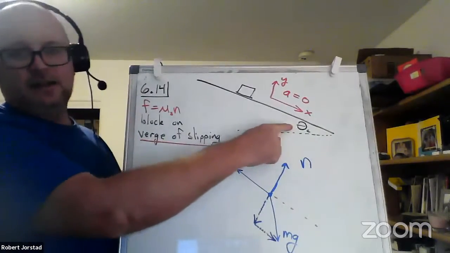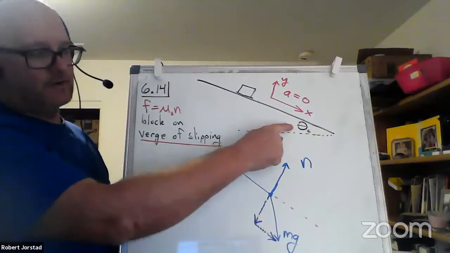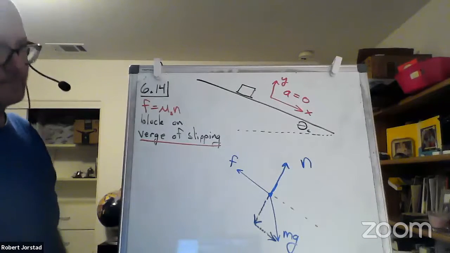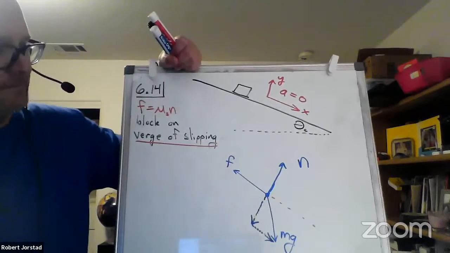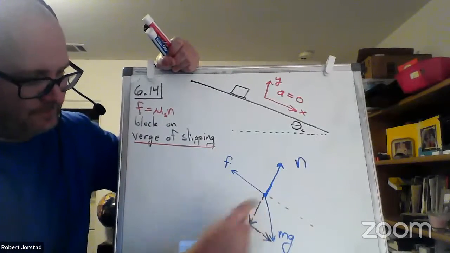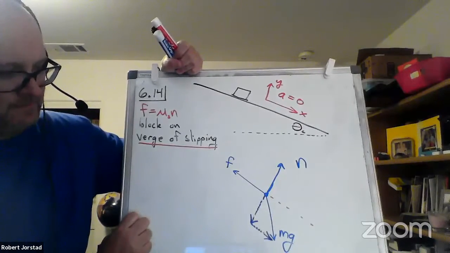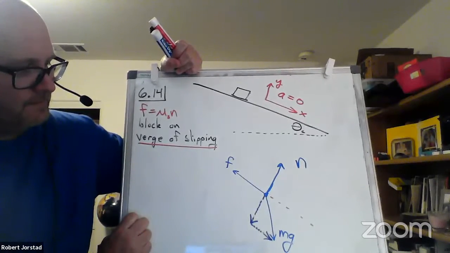Now look at it. Is this angle bigger than or less than 45? Less than. So what about this angle? Bigger than or less than 45? Bigger than? This one?